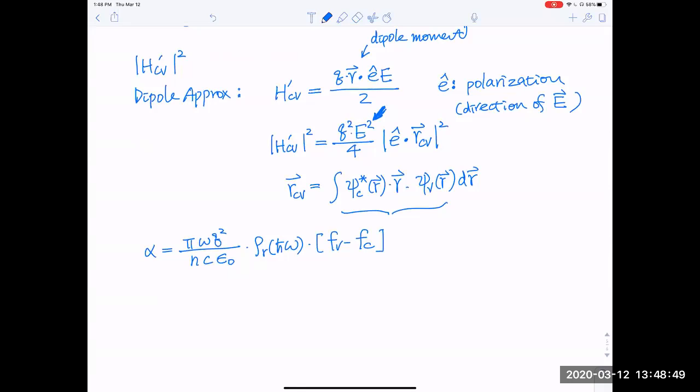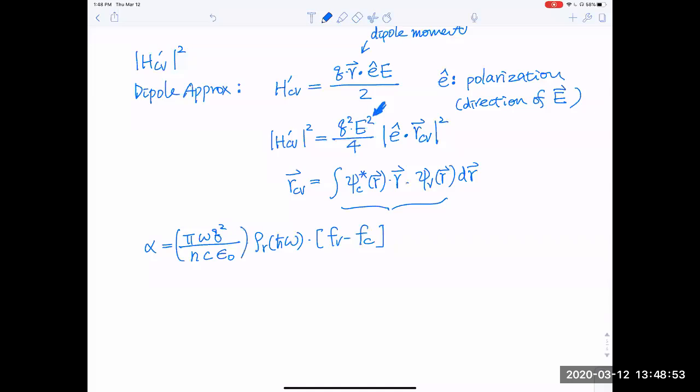This is a very simple expression, and the first factor is simply a constant. Let's call this constant C1. It's mildly dependent on frequency. There is omega dependence here, but for the range of frequency near the band edge, we can treat this as the optical frequency corresponding to the band gap energy, so roughly constant.